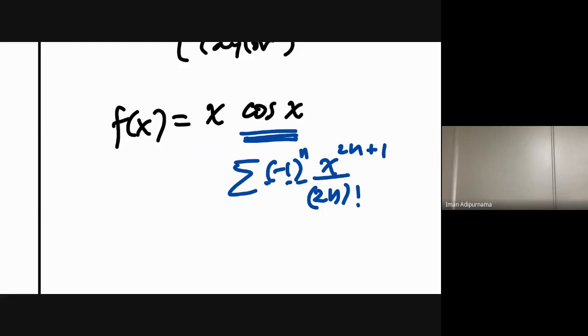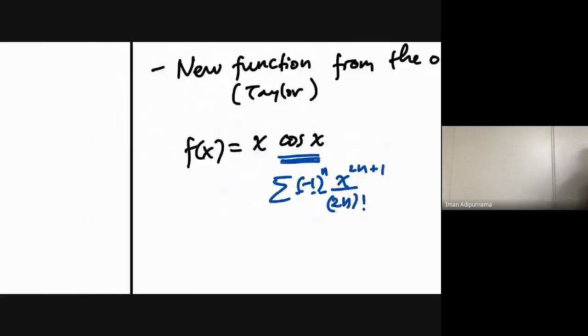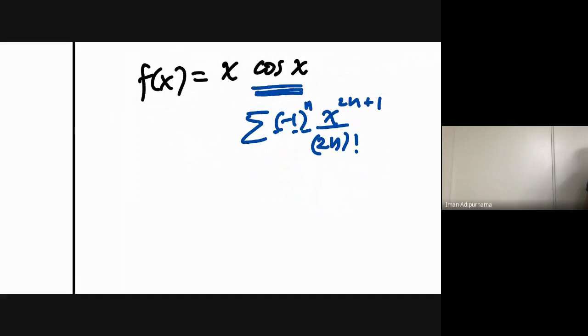So like x cos x, or maybe tangent inverse, and then inside the x, it's replaced with x squared plus 1 or x plus something. What you can do is you can replace that and use the basic functions and try to find the relations. Okay, that's the first thing you can do for the Taylor and Maclaurin.